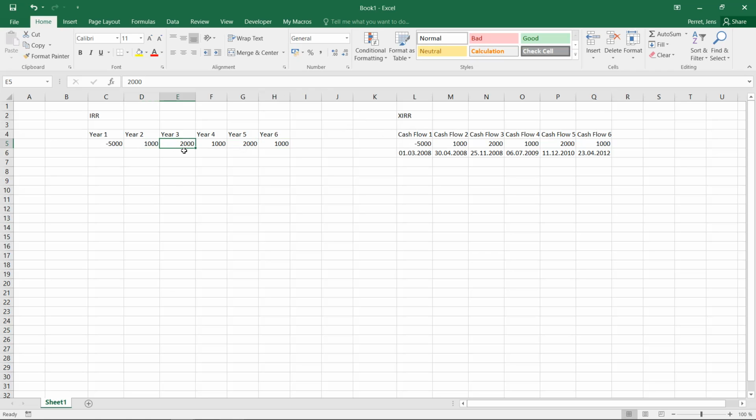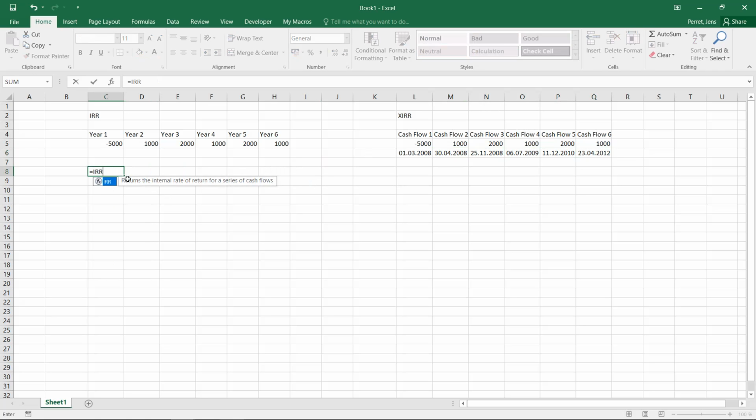If we instead want to set specific dates for when each of the cash flows happens, that's where the XIRR comes into play. So the difference is always at the same point in time or same date when the cash flows happen. Here I'm actually setting the dates on my own. Well, let's have a look at how the functions work.